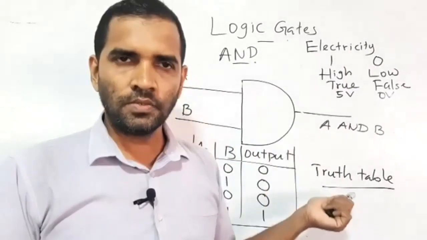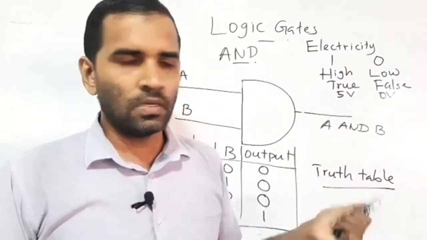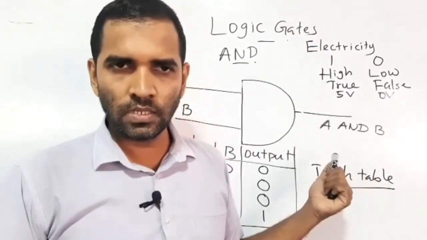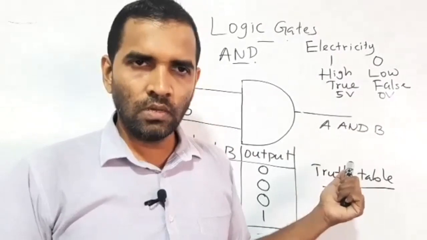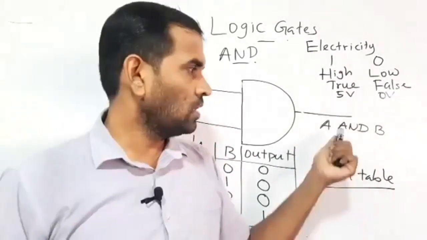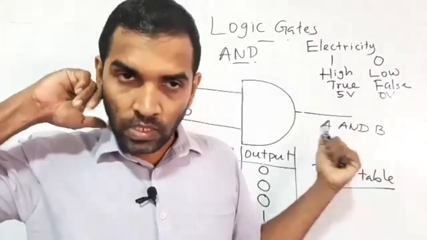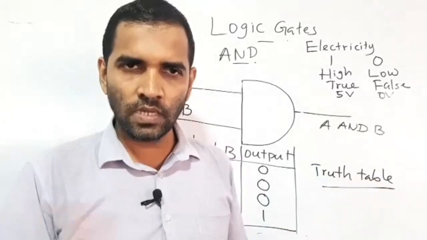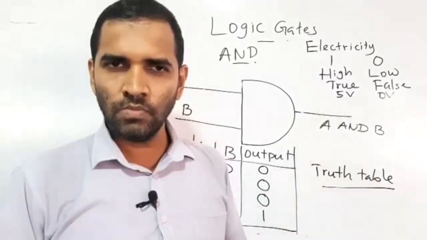But in logic gates or in electronics, we mostly avoid this method. Mostly we avoid it because it may be slightly big, since you have to write a word in between your inputs, A AND B. The word AND has 3 letters, right? Sometimes it seems a little big.